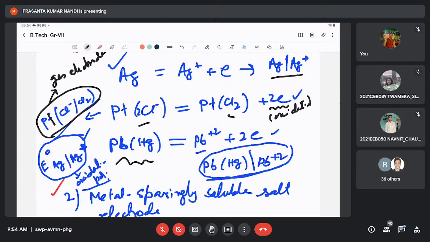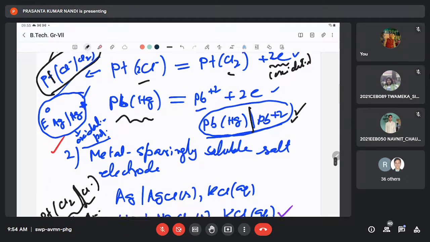That's why we represent it like this: lead in brackets Hg, vertical line, Pb plus. That means lead ions are in equilibrium with this lead electrode.